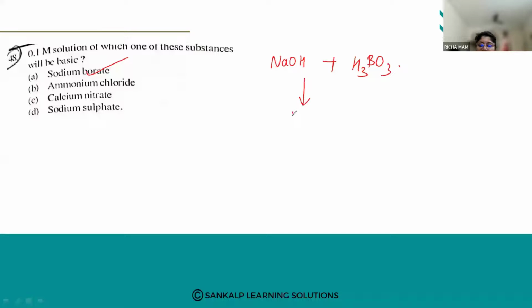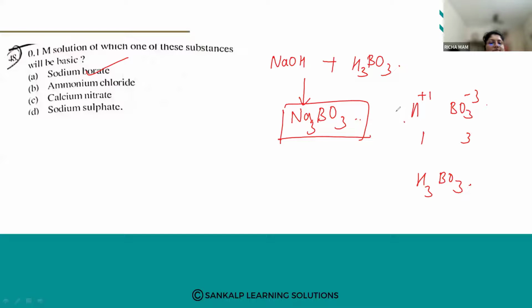When they react, they give you sodium borate. Okay, so it will be sodium borate.